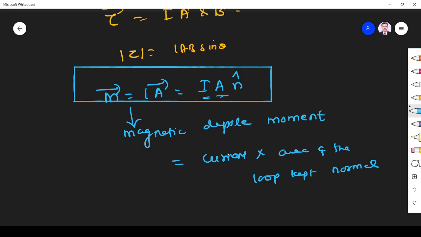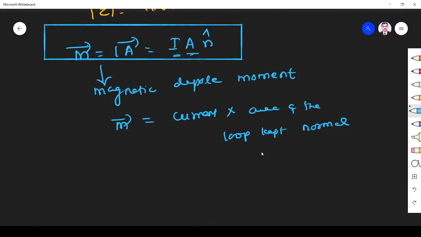So the magnetic dipole moment M vector is the current into the area of the loop kept normal to the flow of current. We have already studied the electric dipole moment, which is given by p is equal to Q into d, charge into distance. Hope you remember, right? So this is the magnetic dipole moment.